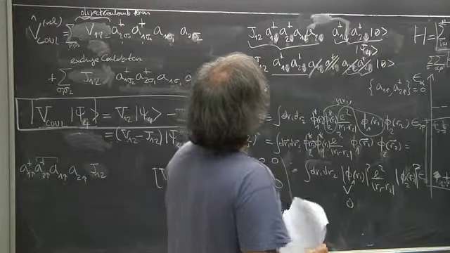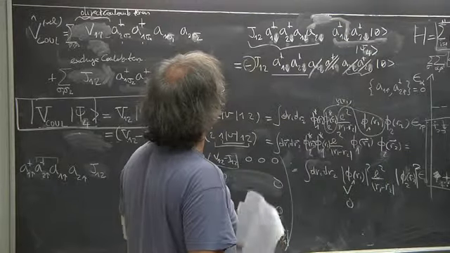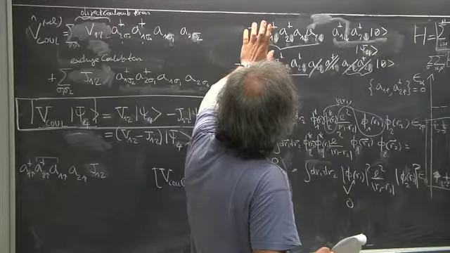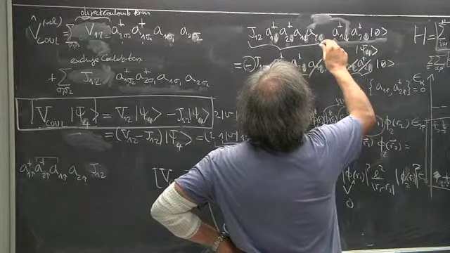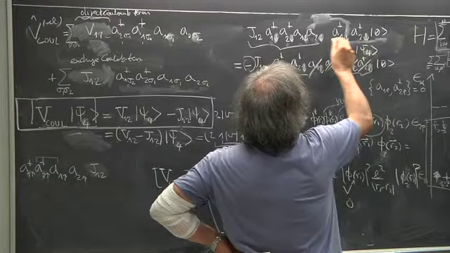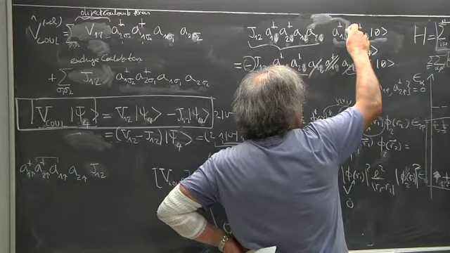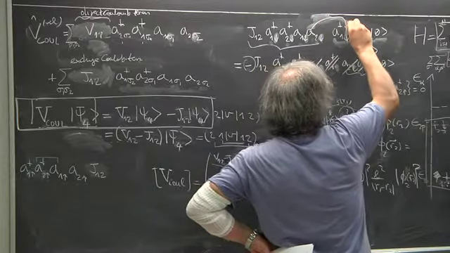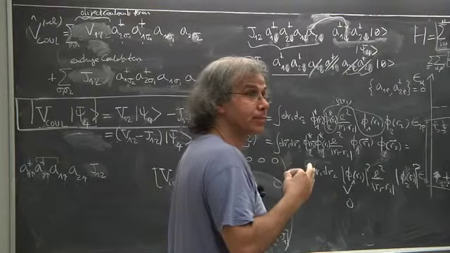Now, you ask why there is a minus. There is a minus in essence because in order to destroy this particle 2 down that I have created here, I have to have this object acting on the state. But to have it act in a natural way, it has to be just next to the creation operator.